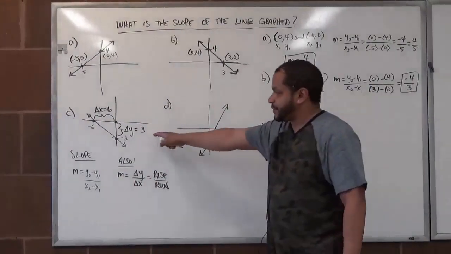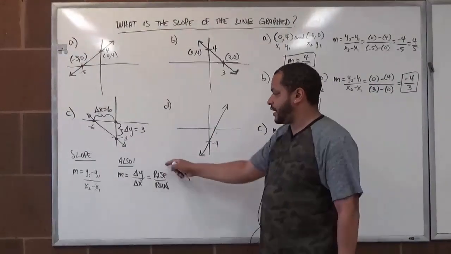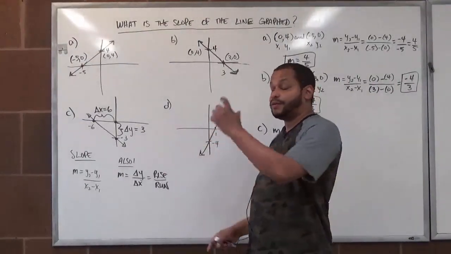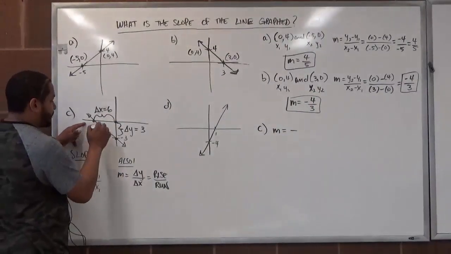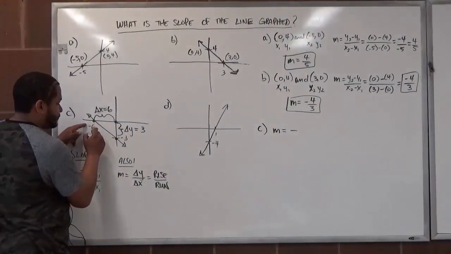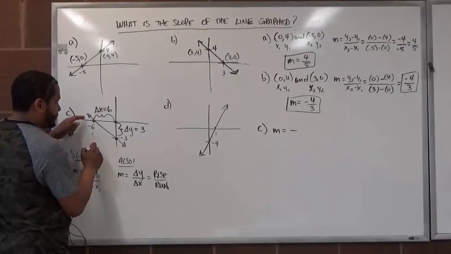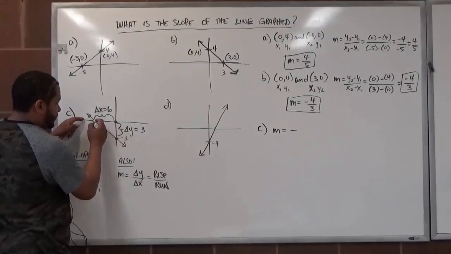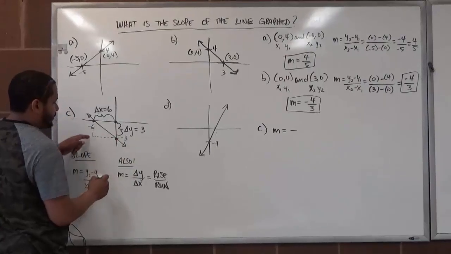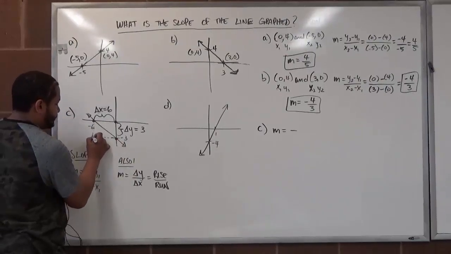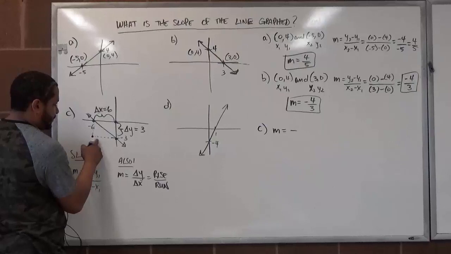And so this is also a negative slope. And our change of y, which indicates our rise, we see that from the left point to the right point, the slope is going down 3 units. From negative 6, 0 to negative 6 and negative 3.